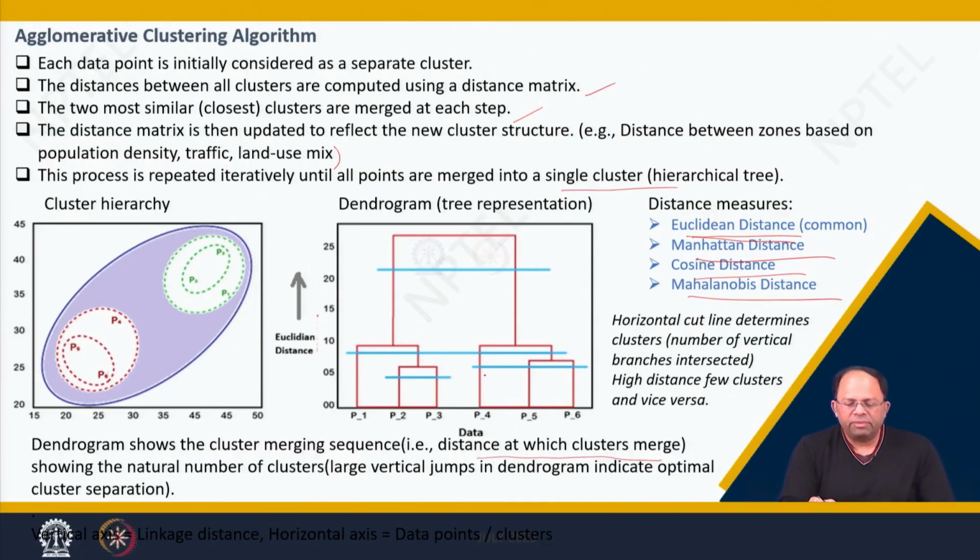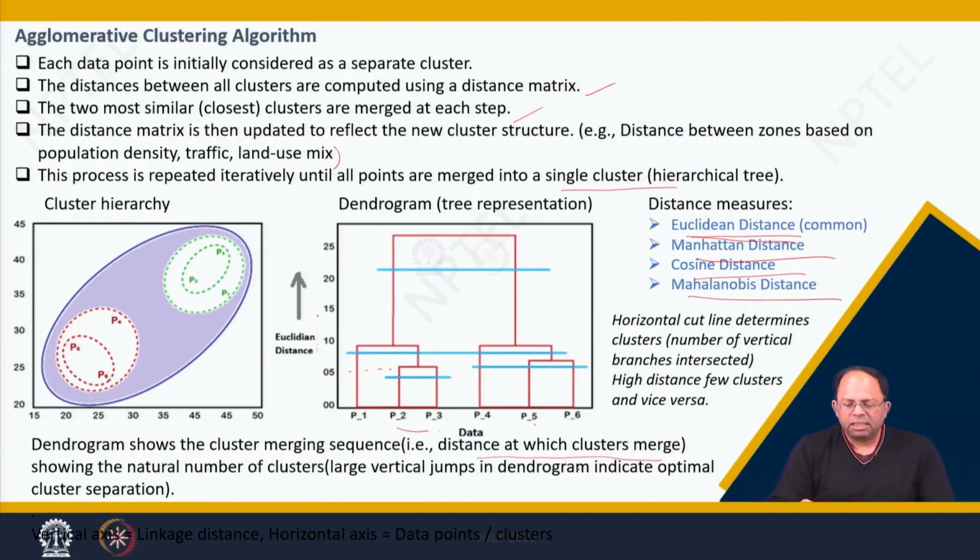We see that the first clustering is happening between P2 and P3 at a distance of say 5. Then a little bit above, 5.3 or 4, P5 and P6 get clustered. And then again a little bit above, say around 6, we are having another level of clustering.